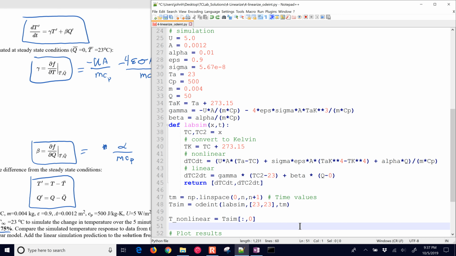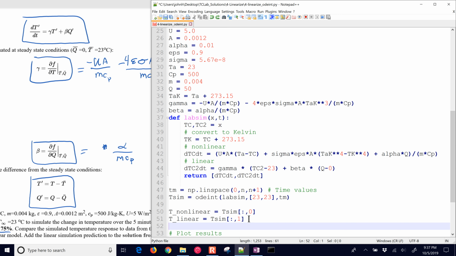That's our model, and then I just need to split out the results of Tsim. Instead of being just one vector of values, the first column is going to be Tsim. This colon means take all of the rows and then take the very first column, and then the next one is take all of the rows but the second column, and that's going to be my linear temperature.